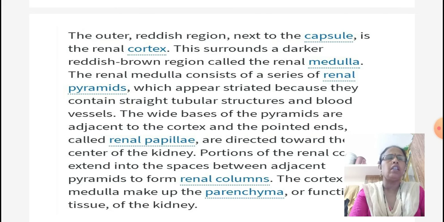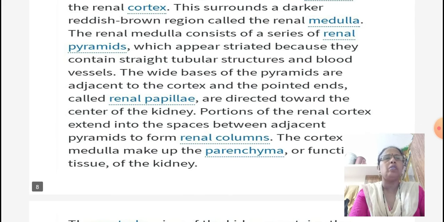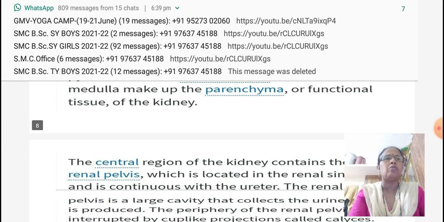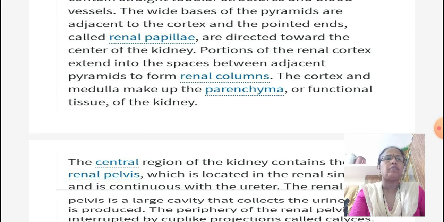Portions of the renal cortex extend into the spaces between the adjacent pyramids to form the renal columns. The cortex and medulla make up the parenchyma, or the functional tissue, of the kidney.